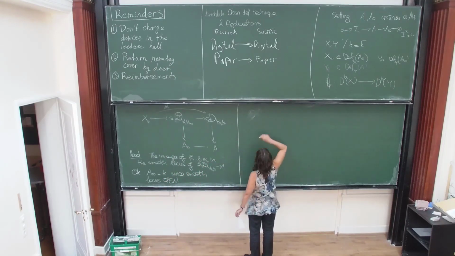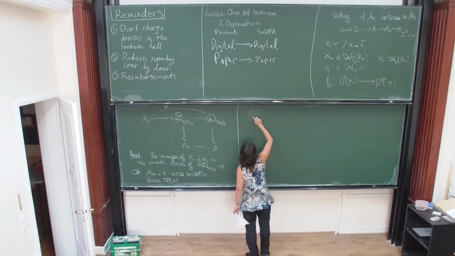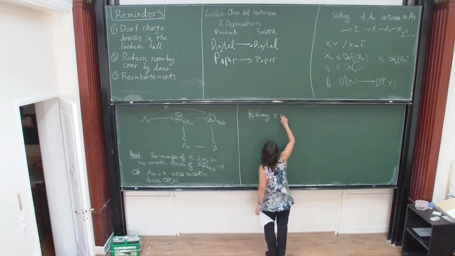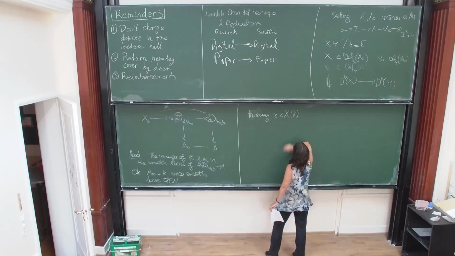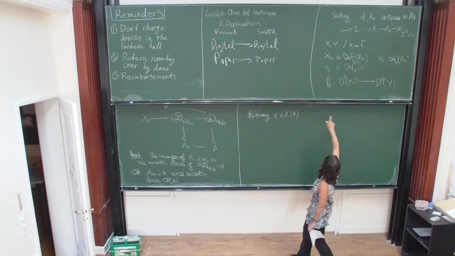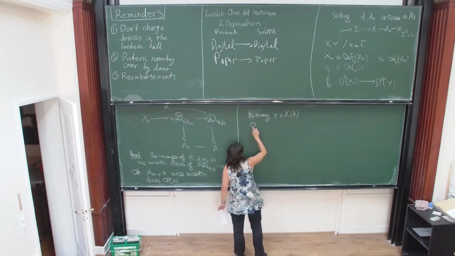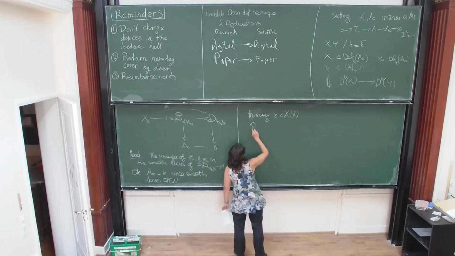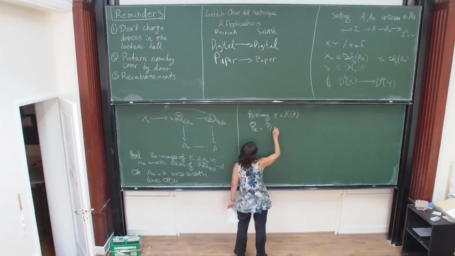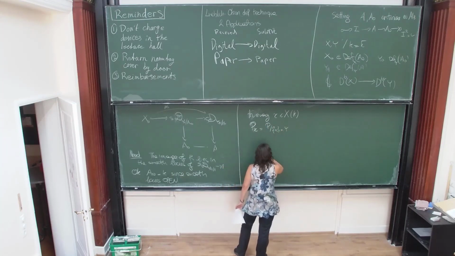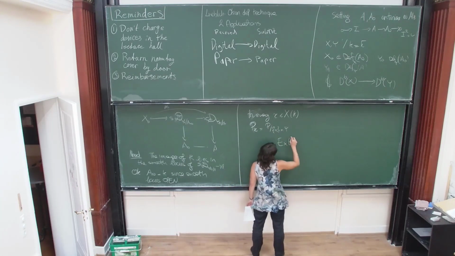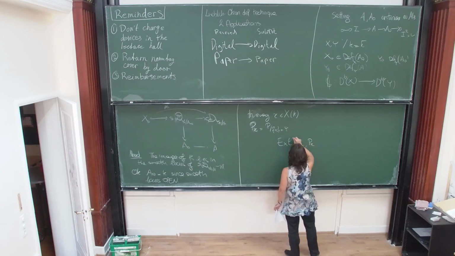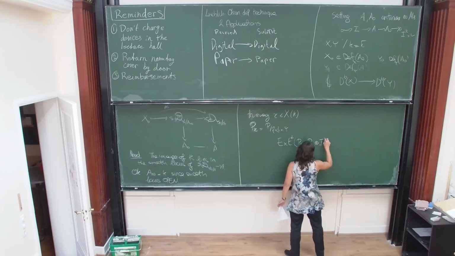What we really have to check is that for every rational point x over k, so P_x, where P_x is P restricted to x times Y, we can consider this space.